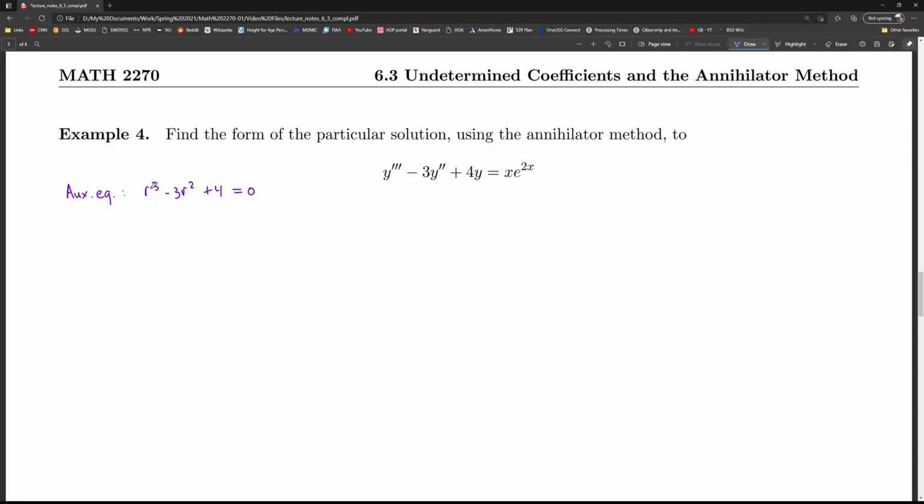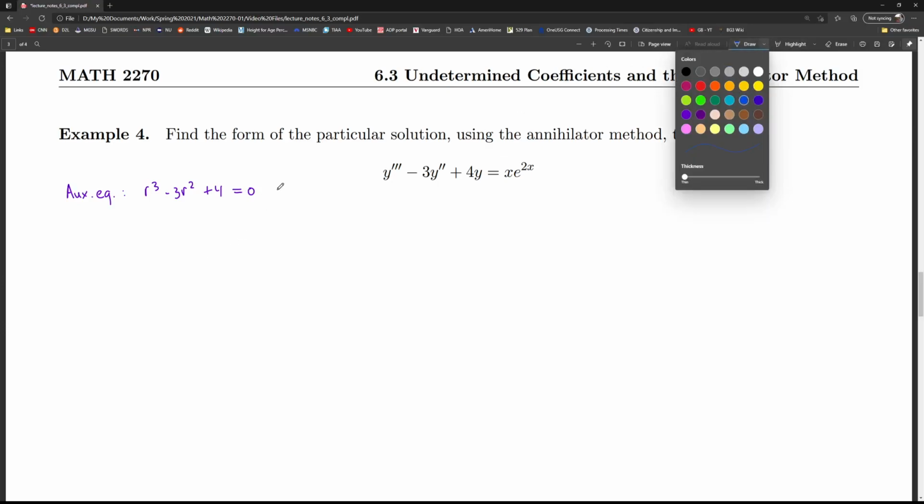And this is a cubic equation. We don't have a formula for that. So we're going to try a couple of values. We could try 1, and then you get 1 minus 3 is negative 2 plus 4. That's not equal to 0. But then if you try negative 1, you get negative 1 minus 3, so that's negative 4 plus 4 equals 0.